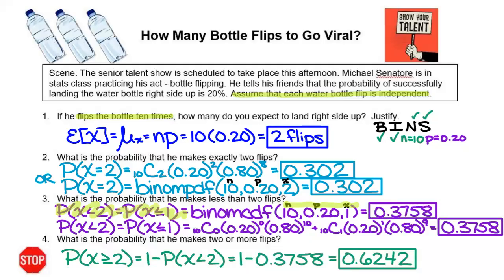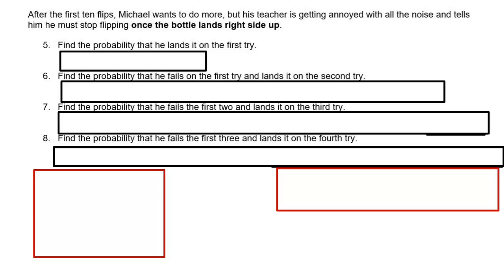So like number 1, we had to figure out first whether or not this was binomial, and then we knew how to find the expected value, n times p. So especially in this chapter, always check to see if something is binomial. Always check your bins. All right, let's scoot down the page.